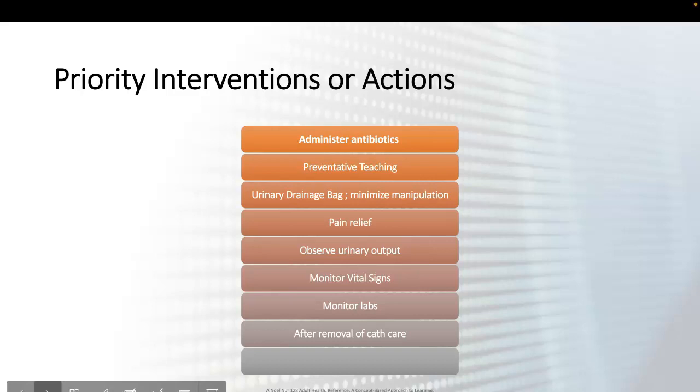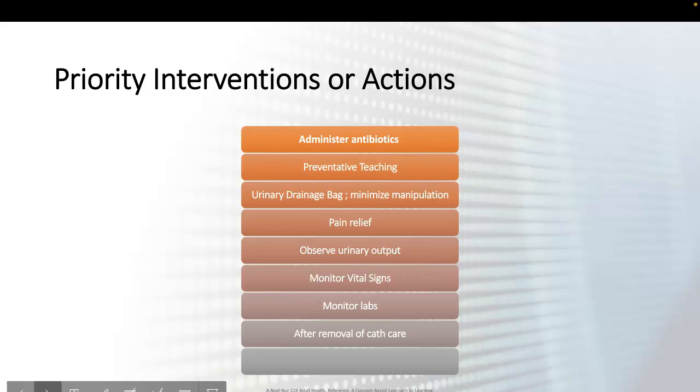Once the patient is diagnosed, if there's any teaching that needs to be done, let's just use preventing your patients from getting a UTI. That would be a part of the preventative teaching, because these patients do have a high risk of developing UTI, for example.